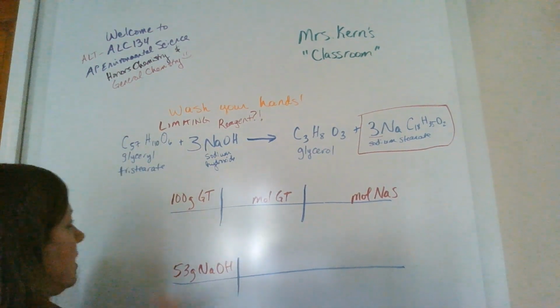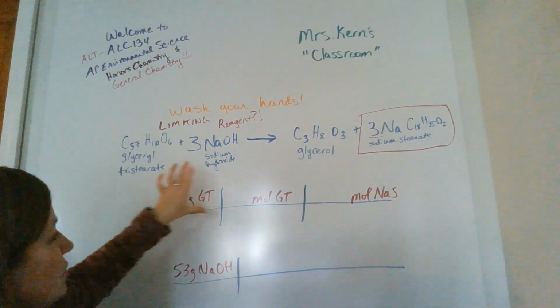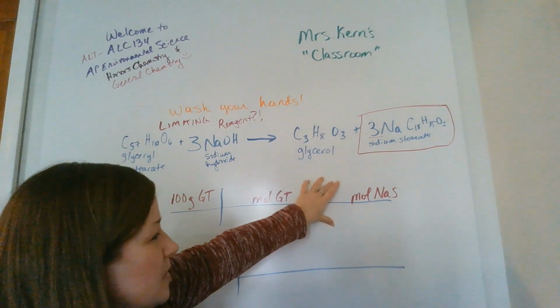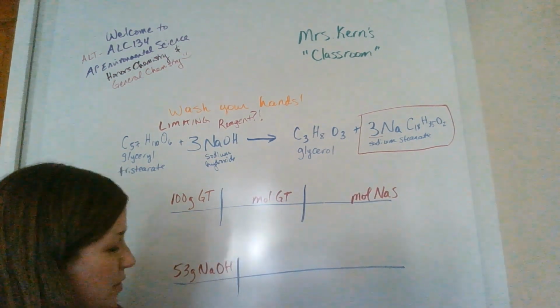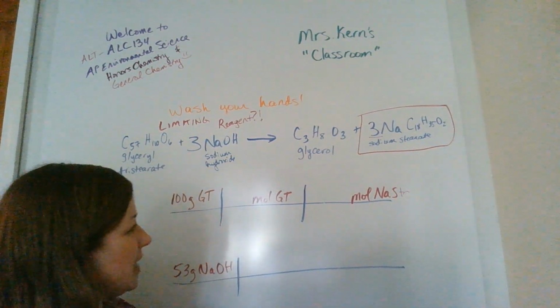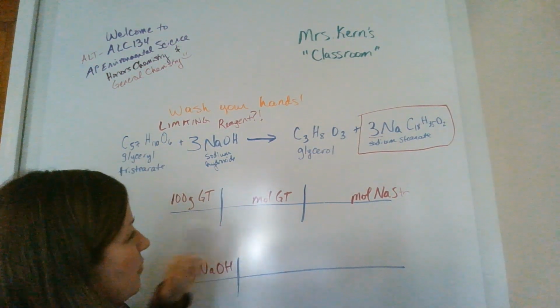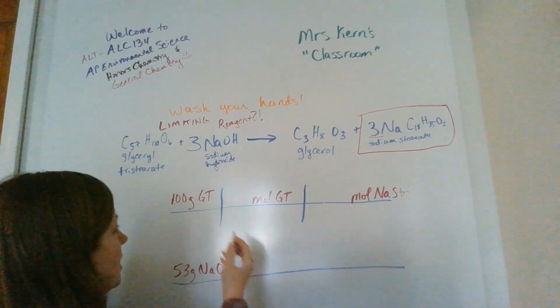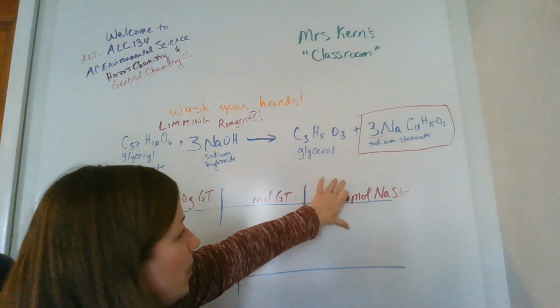Okay, so we've got 100 grams of glyceryl tristearate, and we're going to go to moles of glyceryl tristearate, and then moles of sodium stearate, which I'm going to just abbreviate like that instead of writing out the whole formula. We're going to convert, and we're going to stop at moles.